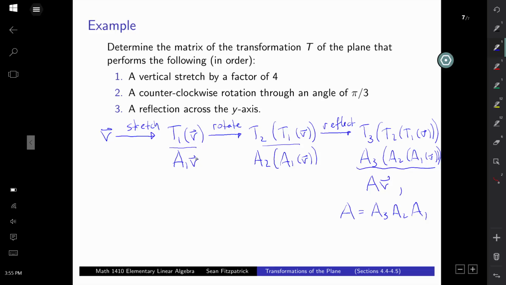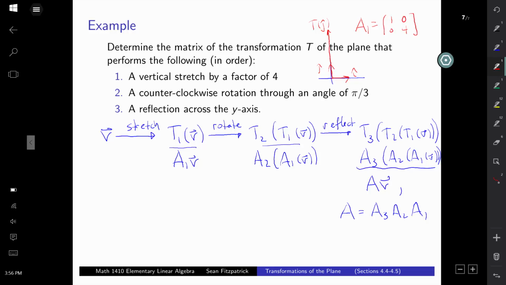So how do we do a vertical stretch? A vertical stretch means you're leaving i alone, since it doesn't have any vertical component. J, on the other hand, gets stretched up by a factor of 4, so T of j is here. So what does A1 look like? Nothing happens to i, but j gets multiplied by 4.